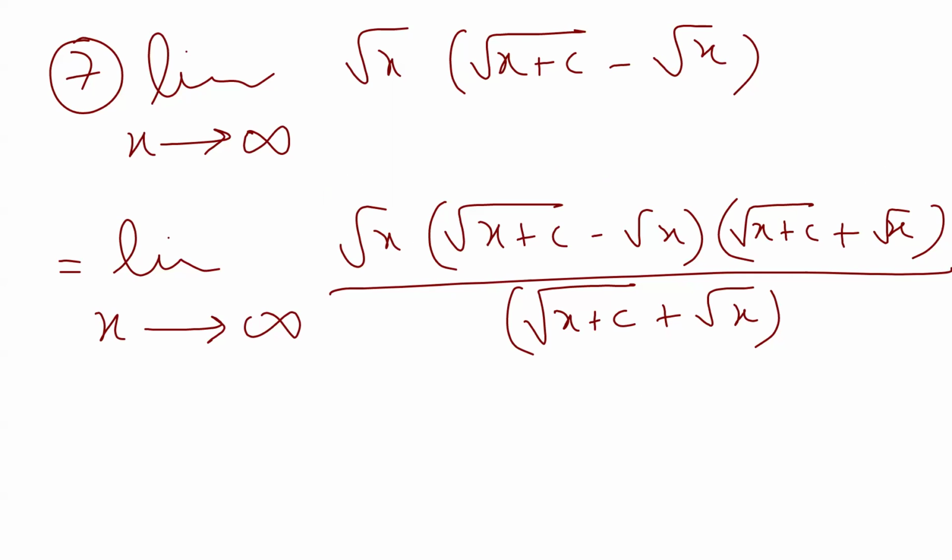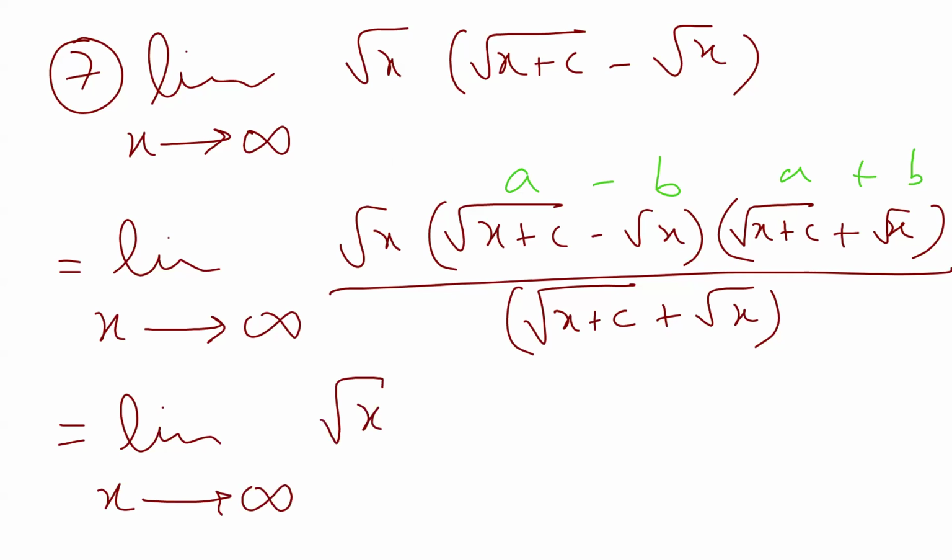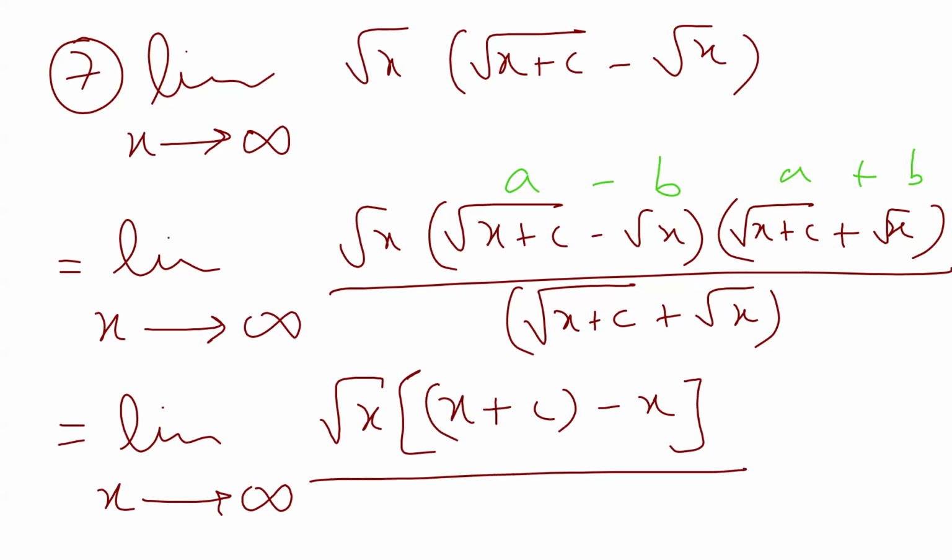So this is a minus b, a plus b. Limit x approaching towards infinity. So this is x plus c minus x, a square minus b square. Do you agree with me?